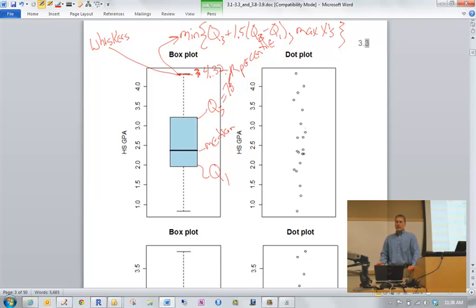Otherwise, if Q3 plus 1.5 times Q3 minus Q1 was less than the maximum of the x's, what would happen then to any points that are above that line? What would occur on the plot?